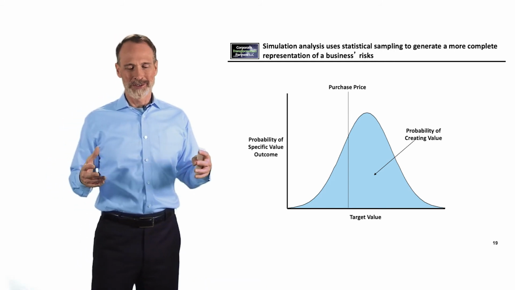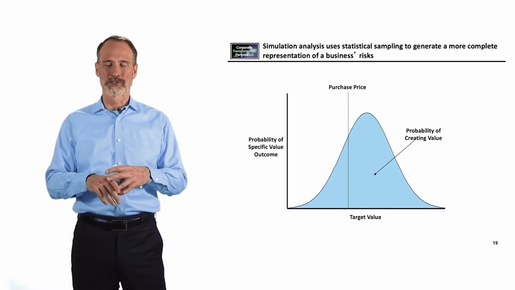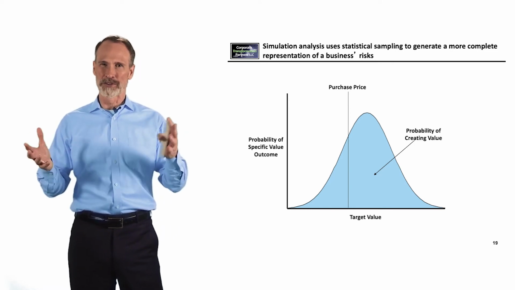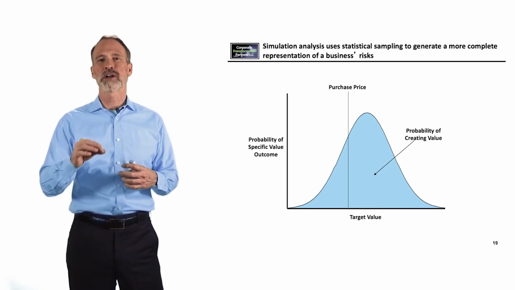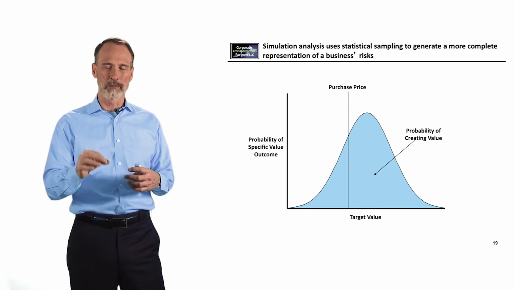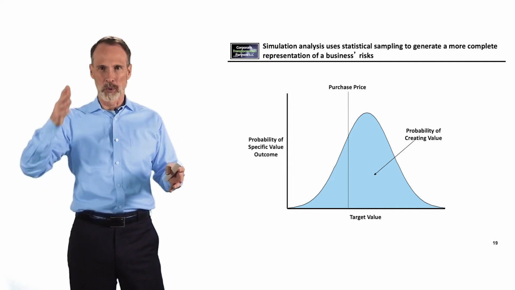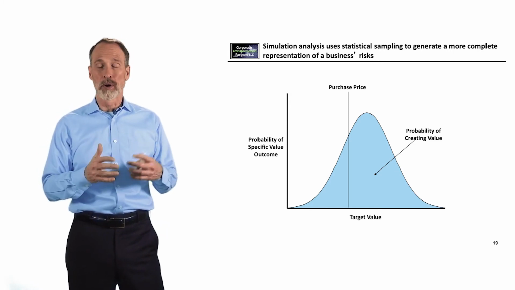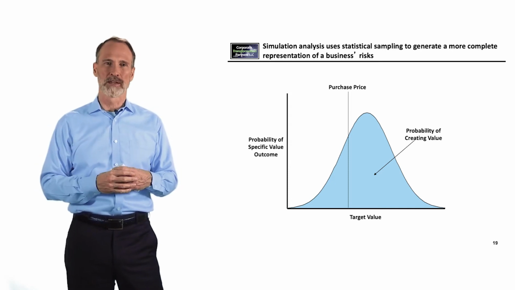Now, you might appropriately be a little concerned here. Anytime a computer goes off and does tens of thousands of calculations, you got to scratch your head a little bit and say, well, hold it, does this really make economic sense? But remember, all we're trying to do here is improve upon what is ultimately a very naive assumption, which is that we're 100% sure that the value is going to be exactly this number, or we're 100% sure that sales growth is going to be exactly 8%.